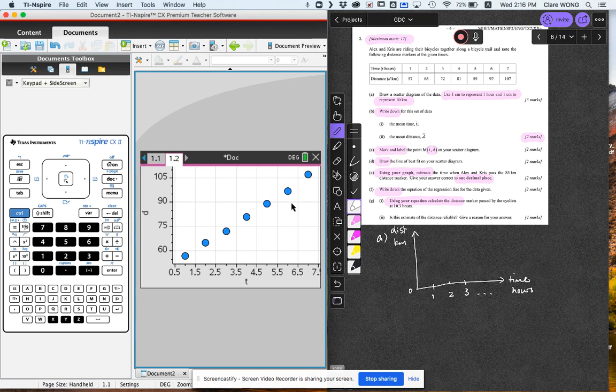And then over here, you will have, say, every 20. Oh no, what did it say? 1 centimeter for 10. So you do need to have it going up like this. Just by drawing this and putting the labels on will give you 1 mark out of the 3.